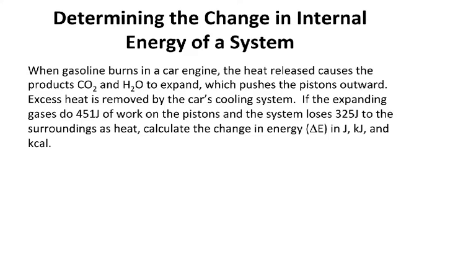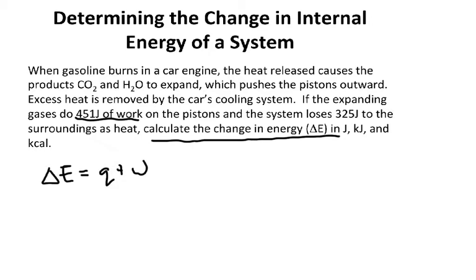Okay, so the place to start, we want to find the change in internal energy. Delta E is equal to Q plus W. We need to look at both W and Q and determine the sign here to plug it into this equation. Let's look at Q first. It says the system loses 325 joules to the surroundings as heat. So that means that this sign is negative, right?